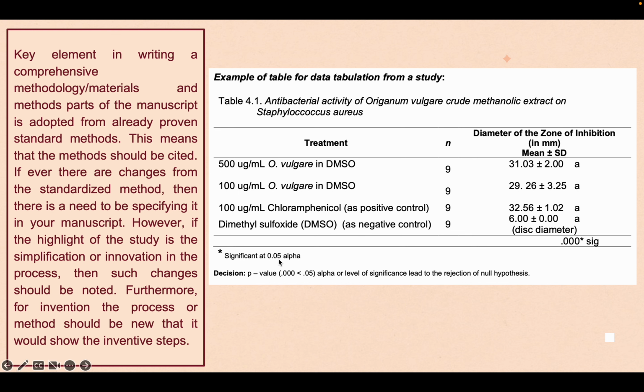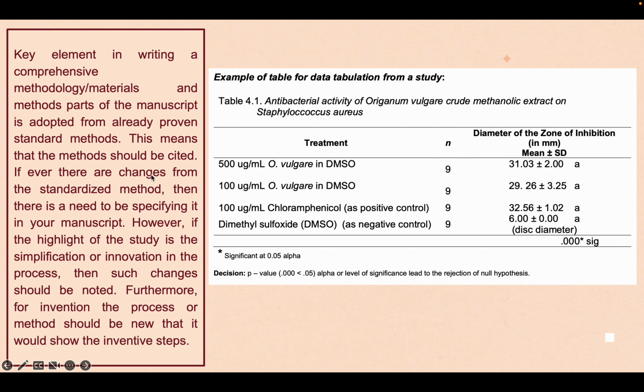Significance level is 0.05 alpha. Okay? So, that is the example of doing your experiment, designing the process, the treatments that you will do on your study. Of course, adapted from the standardized method.